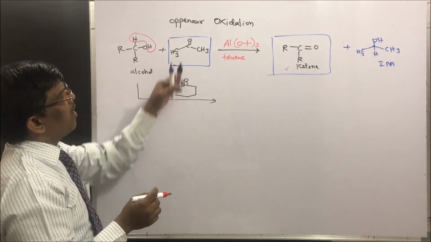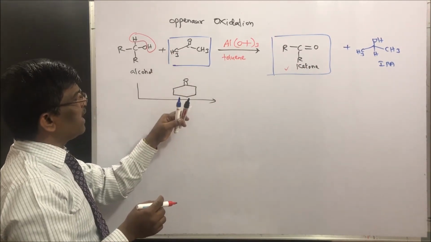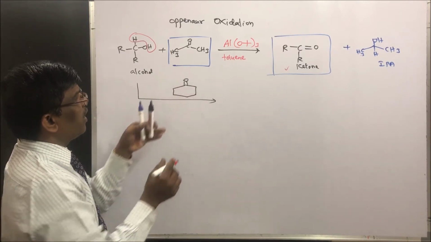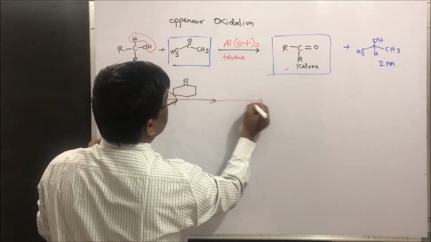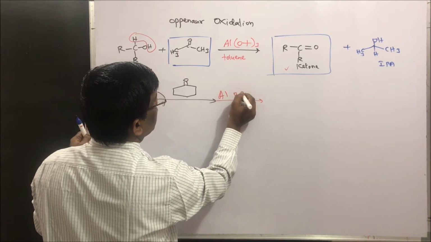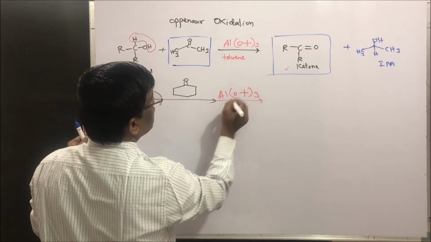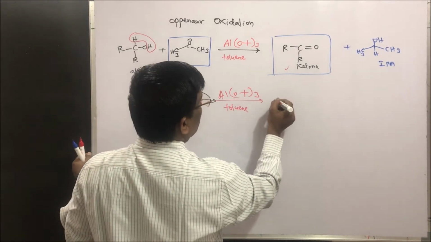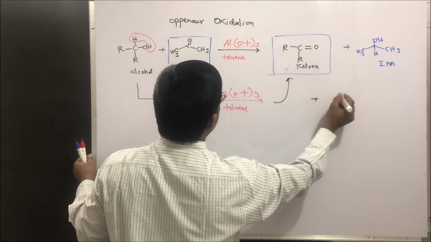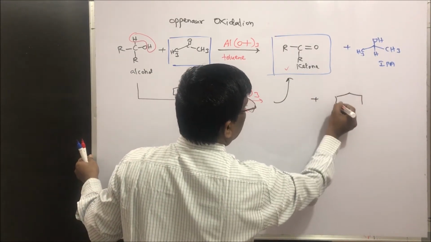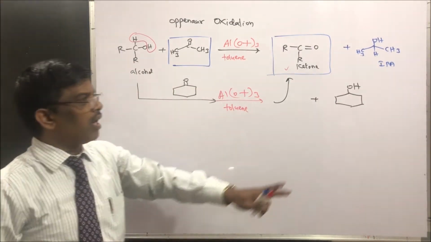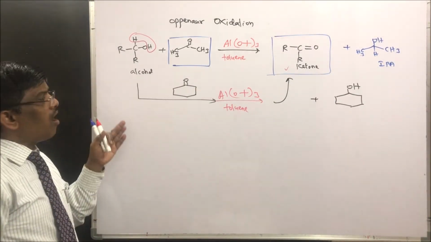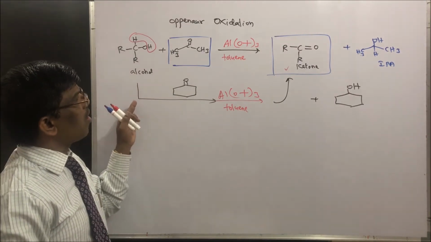So in place of acetone, to improve the yields, I can take cyclohexanone, and the reagent is going to be the same reagent, tertiary butoxide, toluene. I am going to get the same product plus cyclohexanol. This is the byproduct.